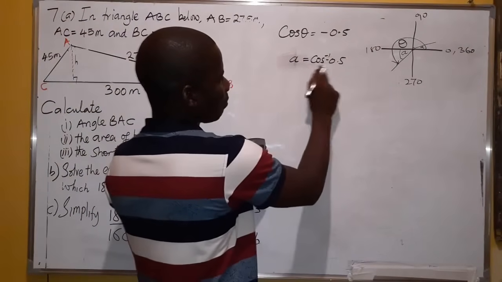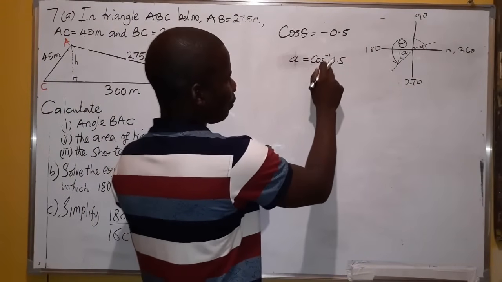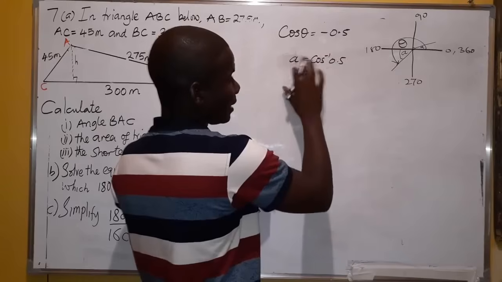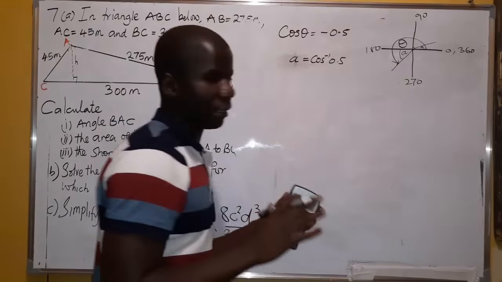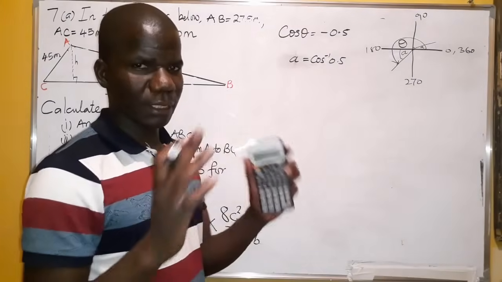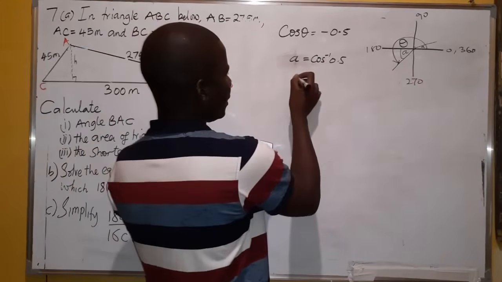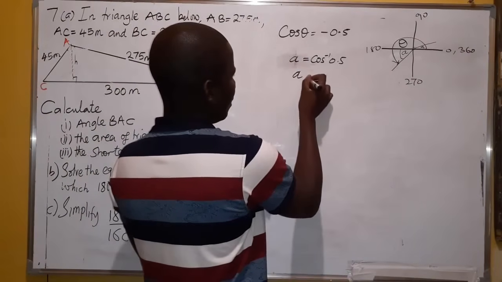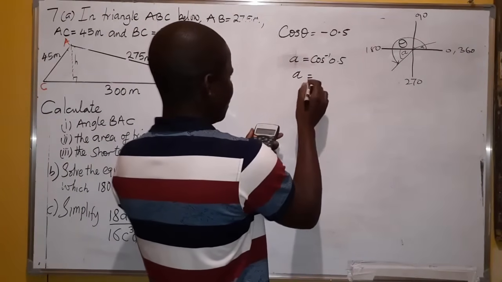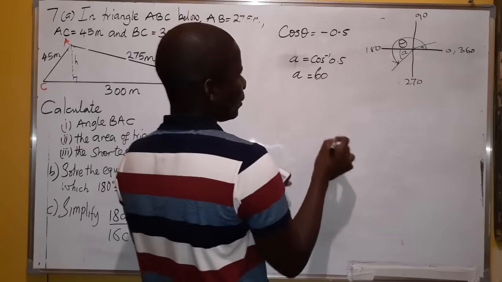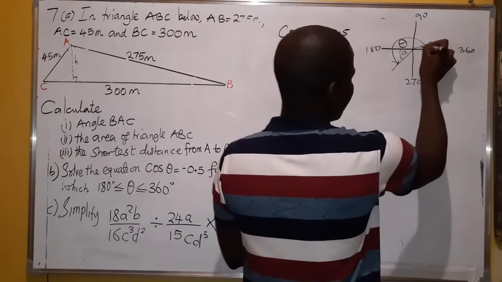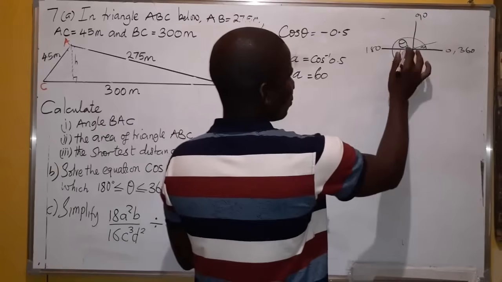When we are working this part, we are not supposed to put a negative. The negative is just there to guide us on the quadrants where theta must lie. So this is going to give us 60. It means this one here is 60, from here this is 60.